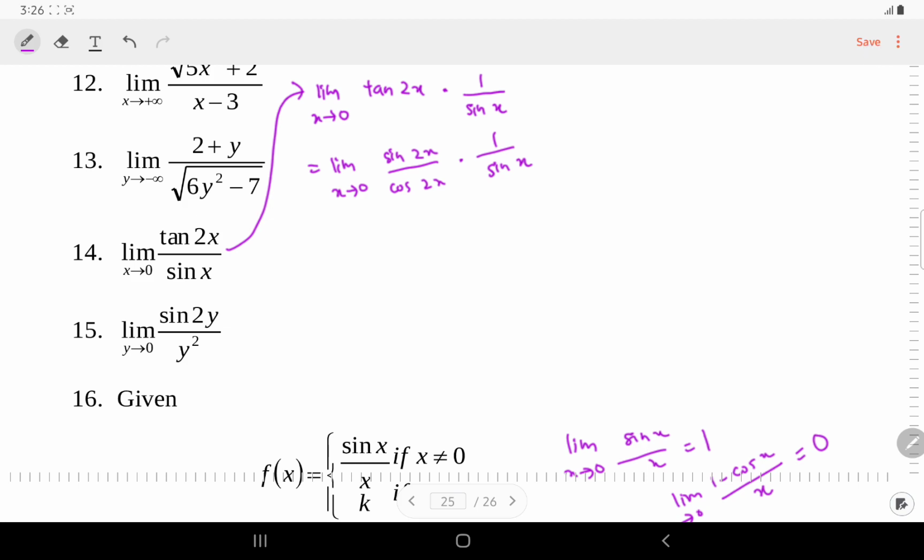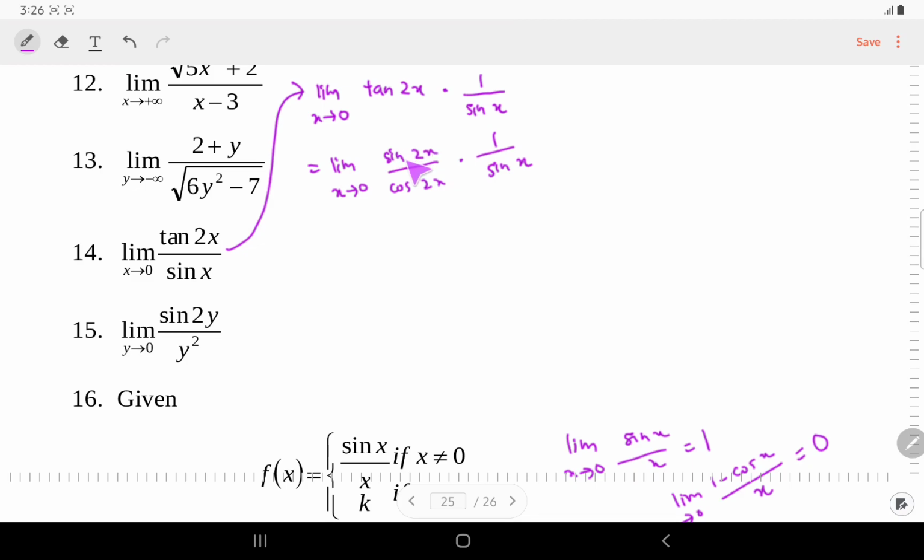Okay, in order to use the squeezing theorem, we need to find the function in the form like this, sin x divided by x. So for this question, we have sin 2x, so we need to form sin 2x divided by 2x, 2x at the bottom. We already have sin 2x on top.